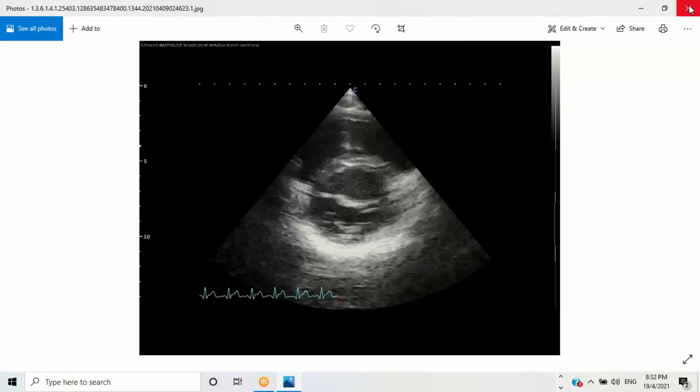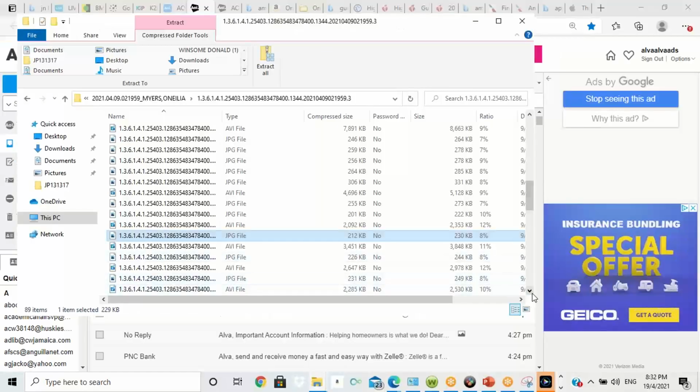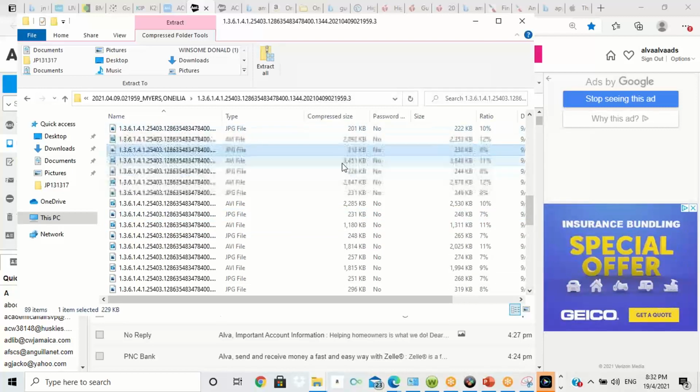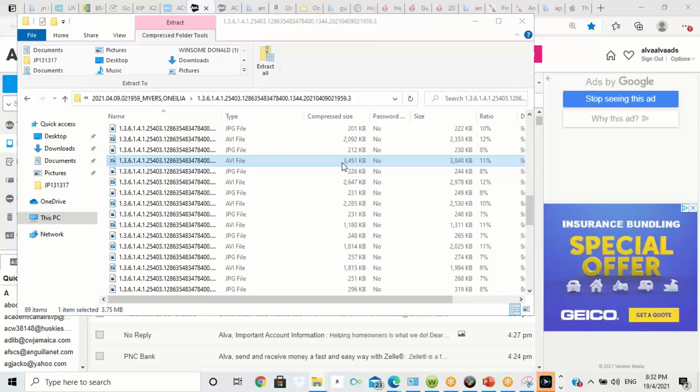We don't want to see that. So we incorporate Doppler in all aspects of our echo studies.